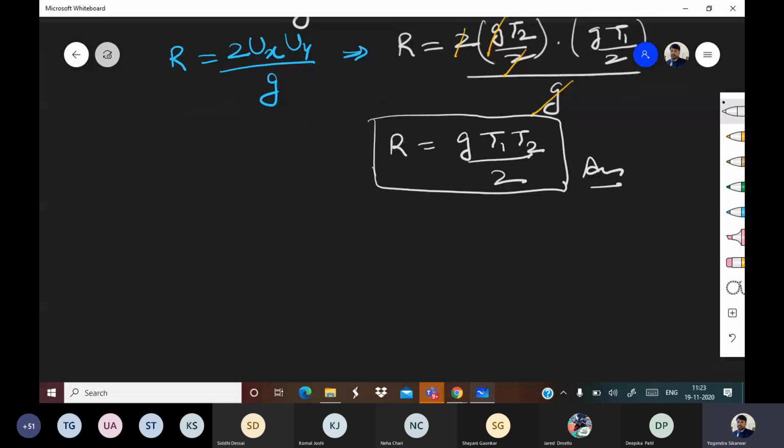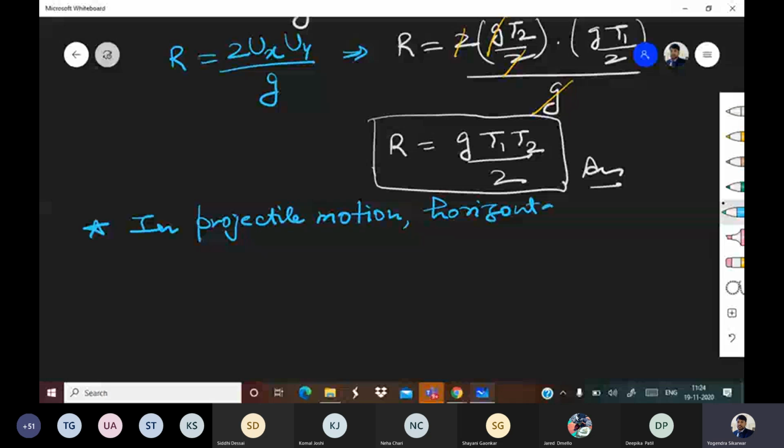Next concept. In projectile motion, horizontal velocity of projectile remains unchanged, or constant.